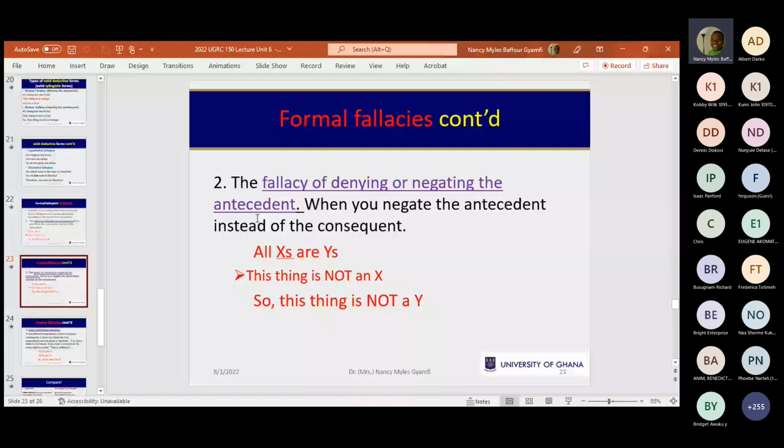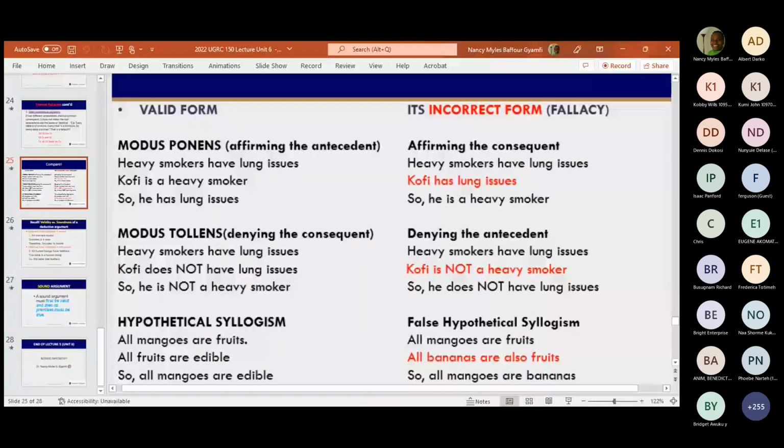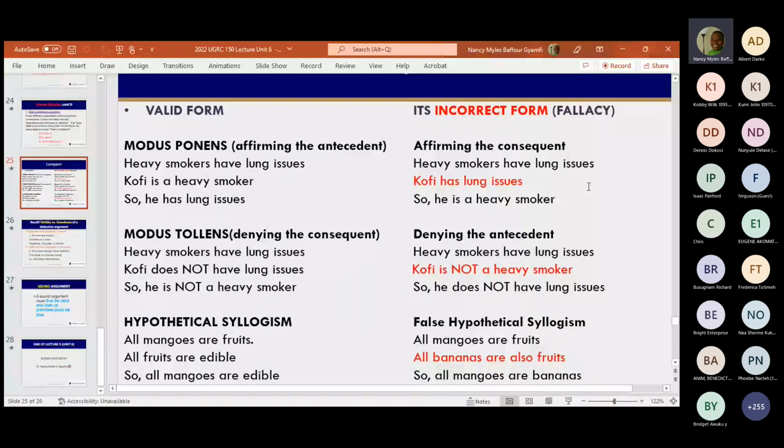If you negate the antecedent, you will commit a fallacy, because the antecedent is affirmed to create modus ponens. Instead of denying the consequent, it denies the antecedent.